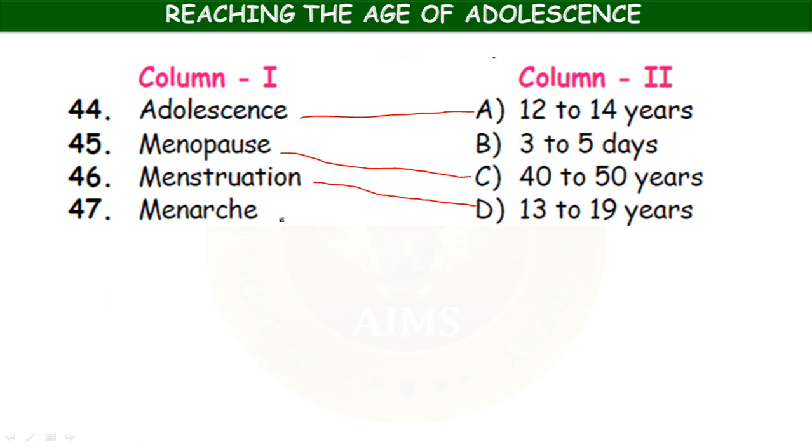Menarche is the first menstrual cycle, beginning between 13 to 19 years. It may be 12 or 13, approximately 13 to 19 years mostly.